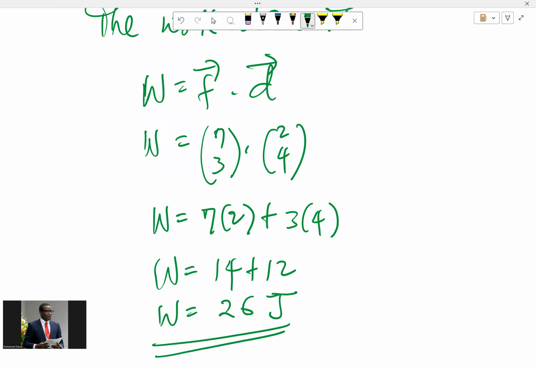Okay, so we have 2 more applications under physics. So the third one is what you call torque.